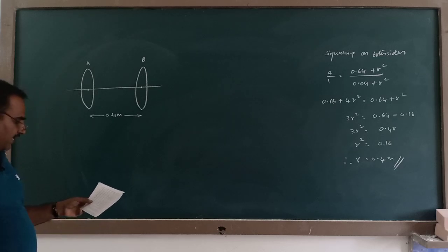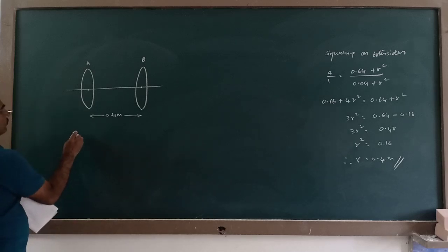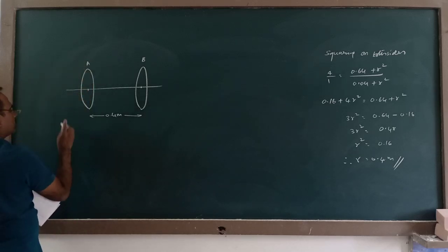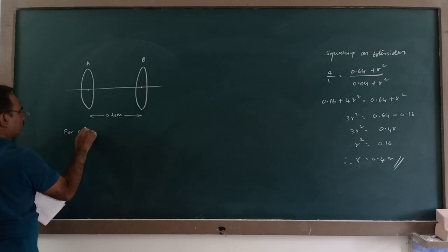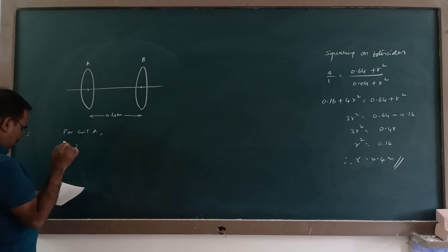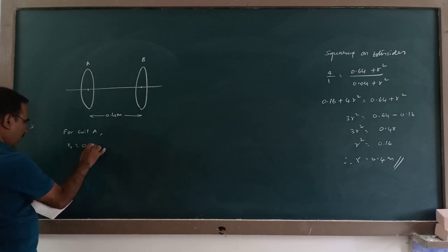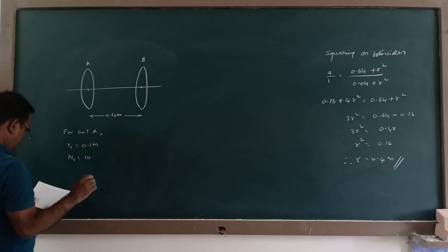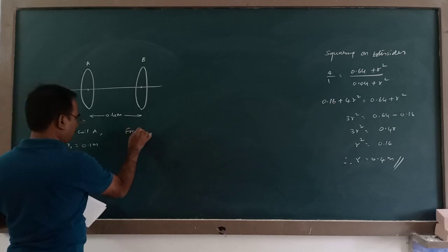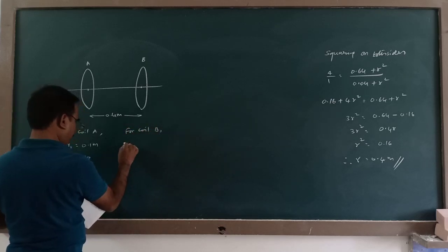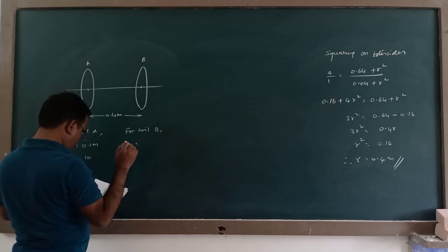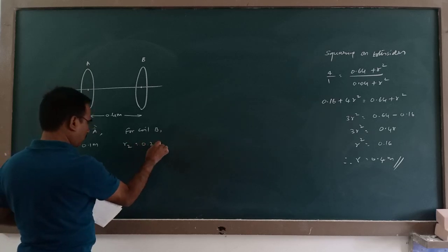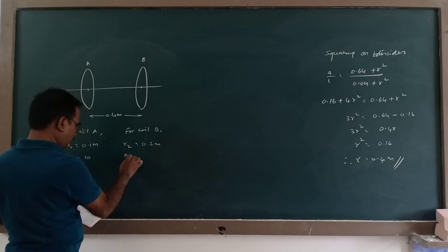Coil A is of radius 0.1 meter and it has 10 turns, and coil B has radius 0.2 meter and 20 turns.